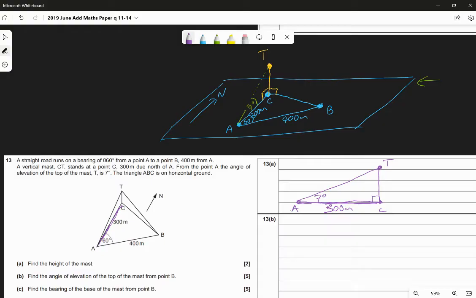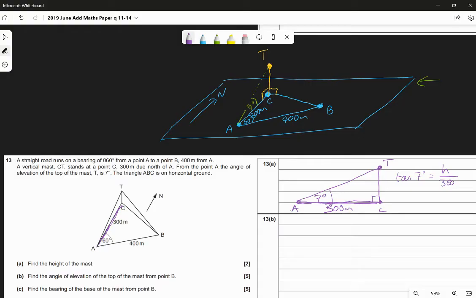I can find the height TC because I know my right angle trigonometry. I want to find the opposite side. I've got the adjacent side, and I've got the angle 7 degrees. So I know I'm going to be using tan. So tan of 7 degrees is equal to the opposite, which is what I want, the length TC, this height, over 300.